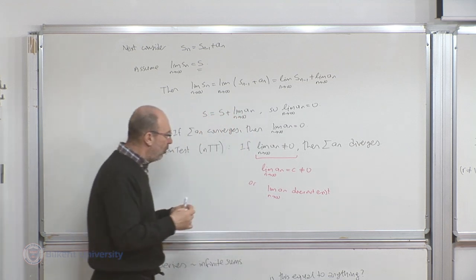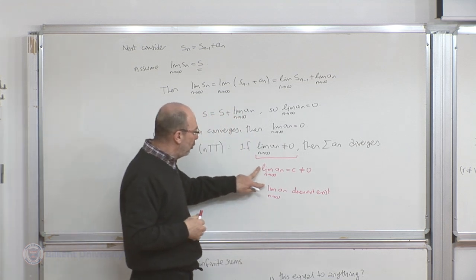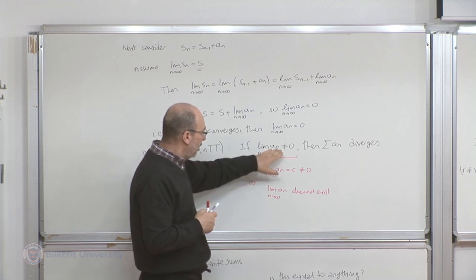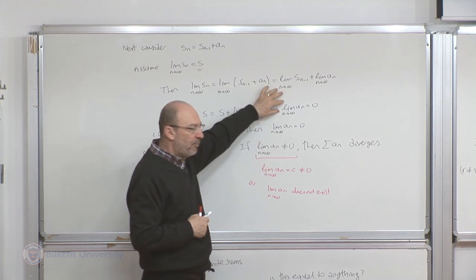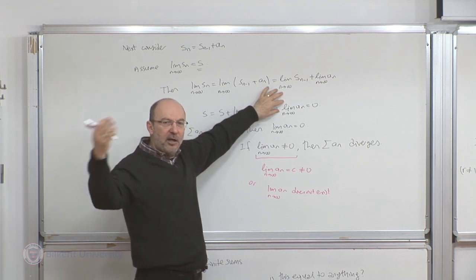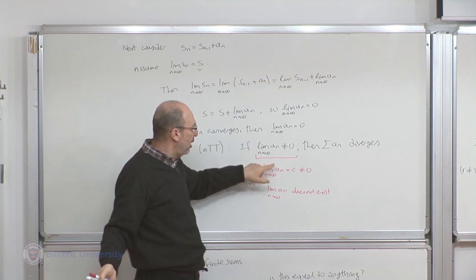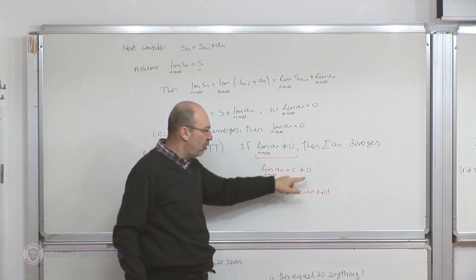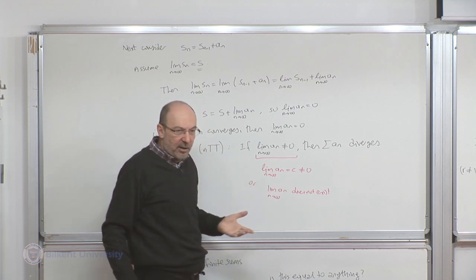One way or the other, both of them are included here because this is the negation of the sentence limit an equals 0, and we are looking at cases outside this. The limit exists, but it is not 0, or the limit does not exist.